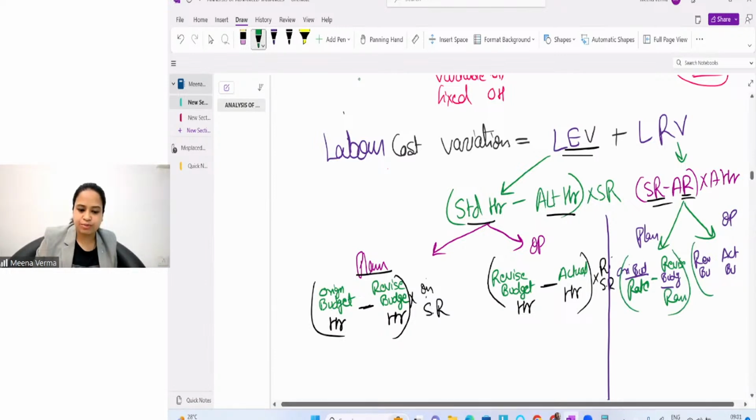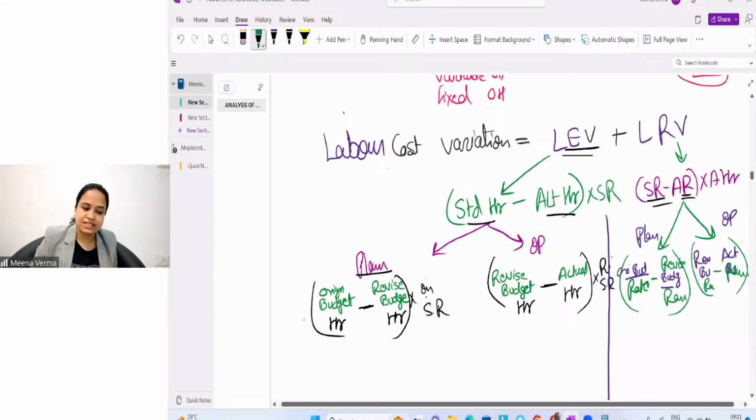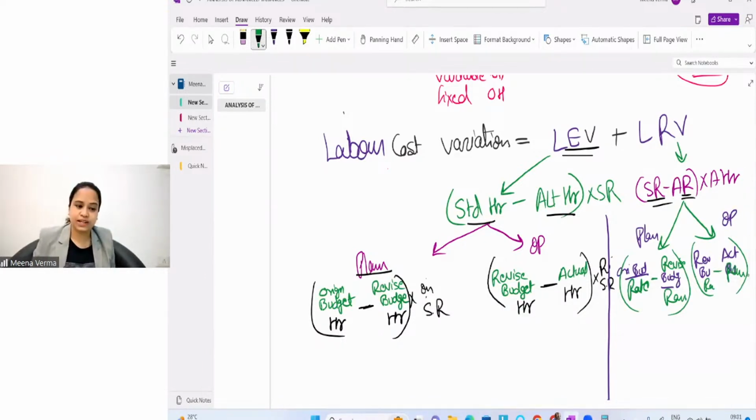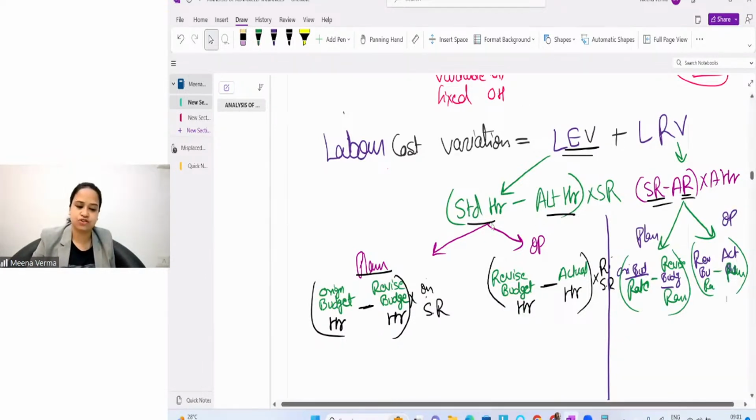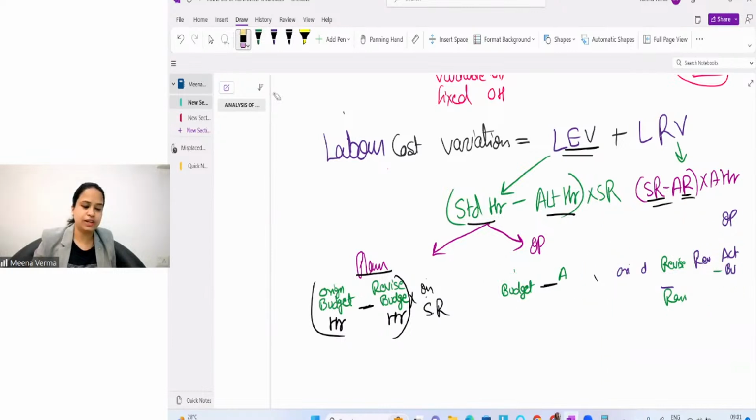Similarly, here what will happen? Revised budget rate minus actual rate into actual hour. So you can see the same formula we are using to find out more in detail operational and planning variations. Okay. You can see it's so easy to remember now, right? First write the basic formula and then further classify it into original and revised and actual. That's it. And you will get your formulas, right?